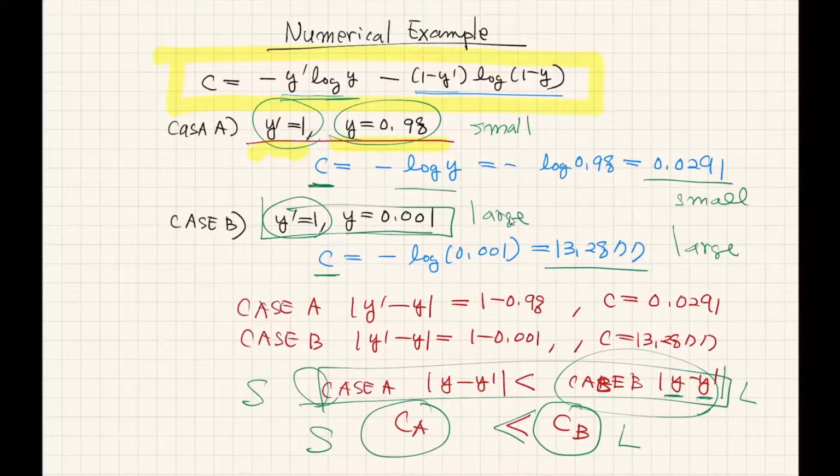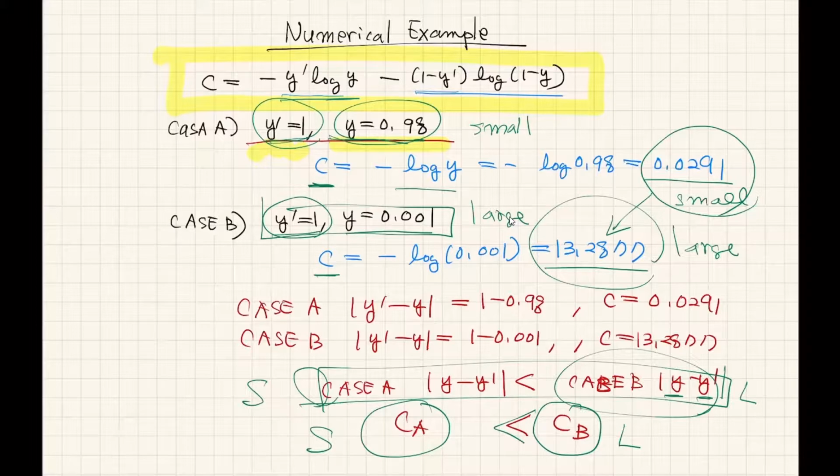Another meaning here is that the difference between target value and our output value is a small number, but the cross entropy of our case A and case B is much larger, enlarged, so amplified. So cross entropy actually makes the difference larger and larger. So it will help our optimization process very easily and very fast.